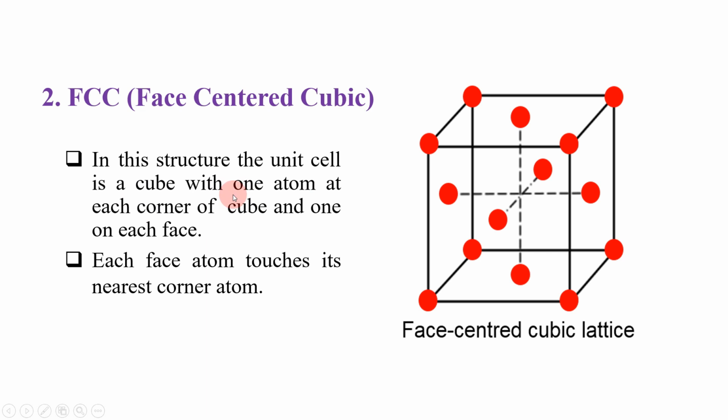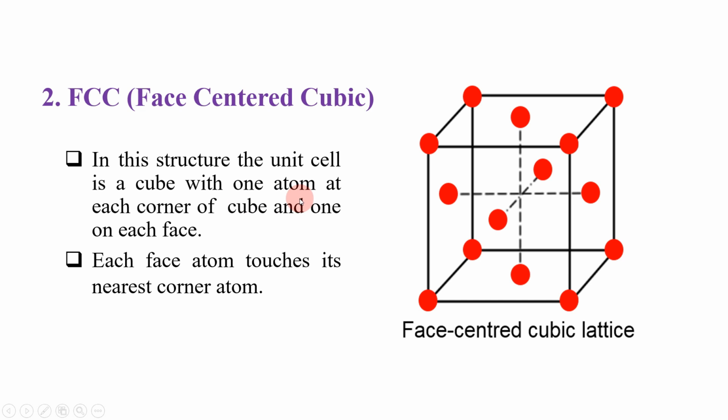And in FCC, it contains one on each face, meaning one atom on each face also. In BCC, there is only one atom at the center, which is not shared by any adjoining cube. But in FCC, you can see what is written here.